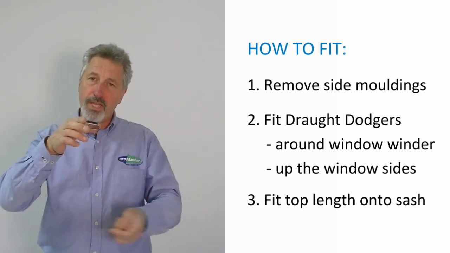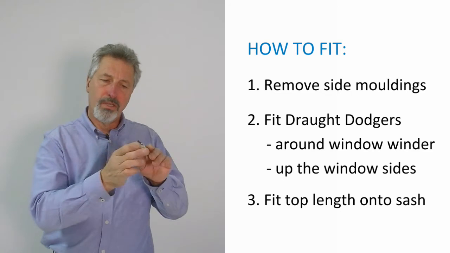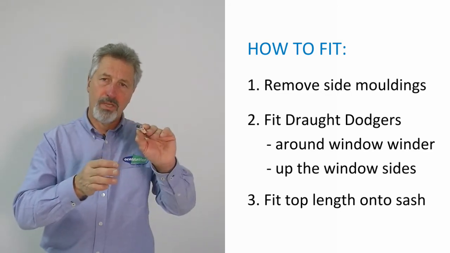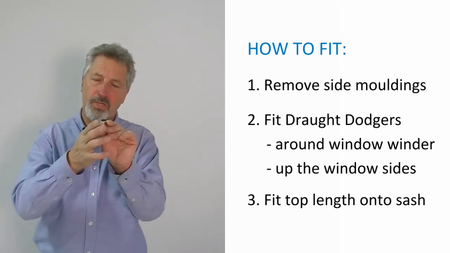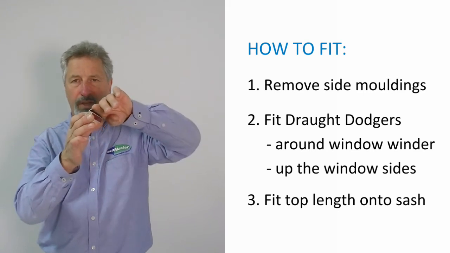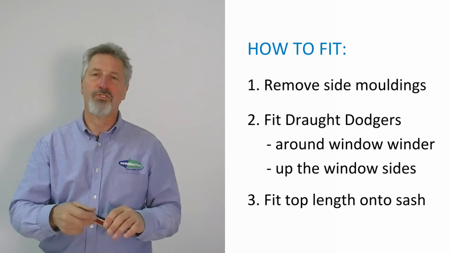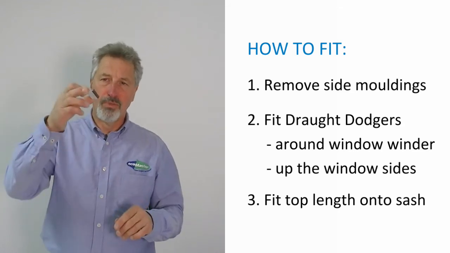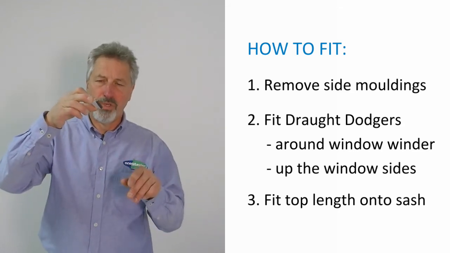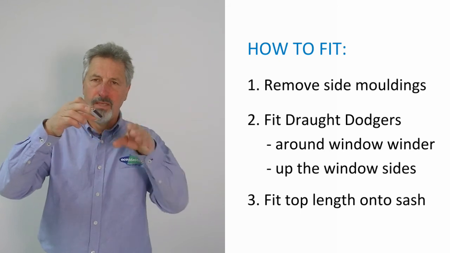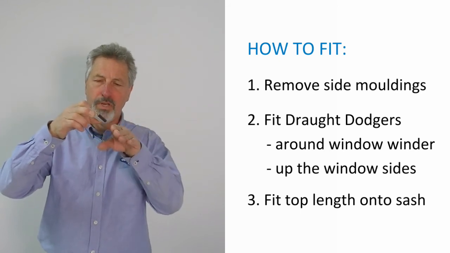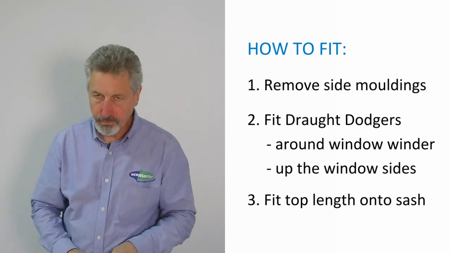So as you wind out the window sash, the draft dodger goes with it, and as the window sash is closed, it comes up and gently meets the top of the window frame. That's a far preferable action than having the opposite, where that is on the head of the window frame and the window sash comes up to meet that.